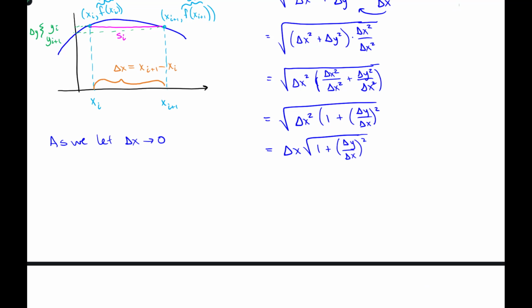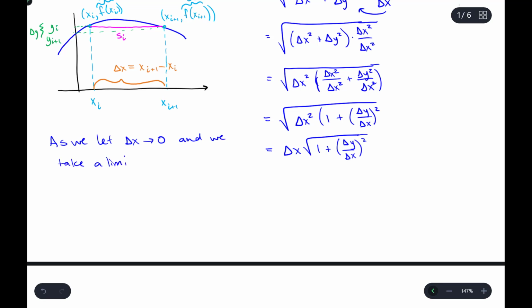If we let delta x go to 0 and we take a limit, I wanted to go ahead and just take the sum of all these. So a limit of the sum of all the subintervals, here's what we would get.